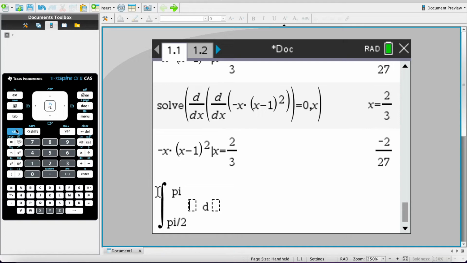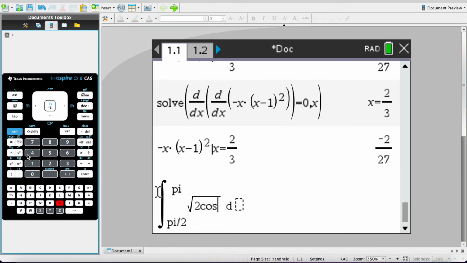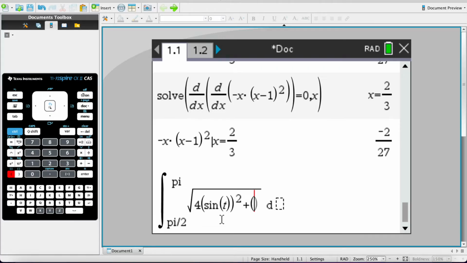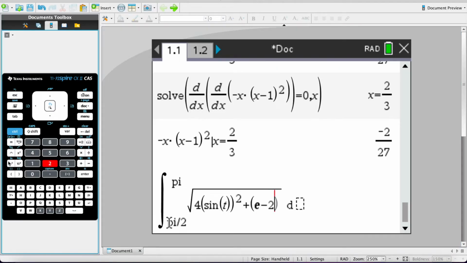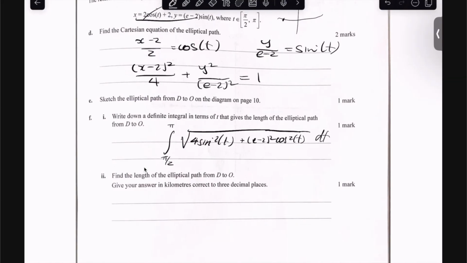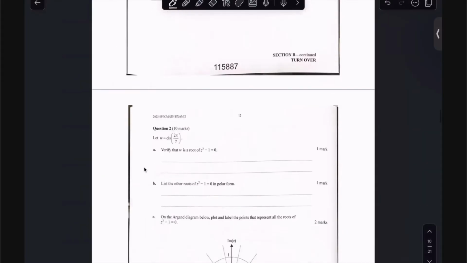You've got the square root of 4 sine squared t plus e minus 2 squared times cos t squared dt, and that gives us 2.25 kilometers. Question 2, so that was a nice question, not too bad.